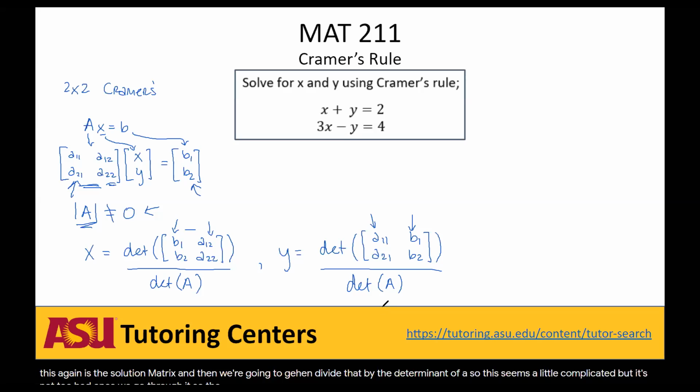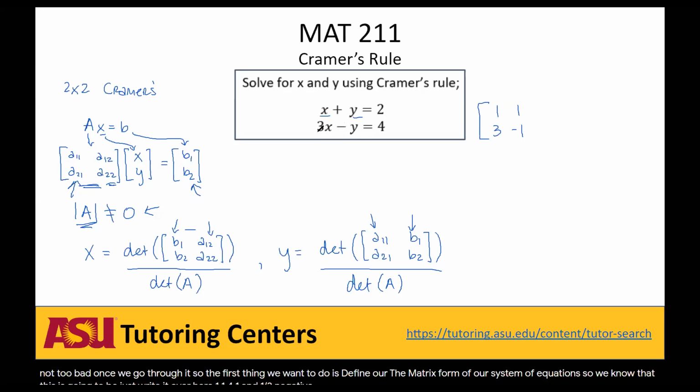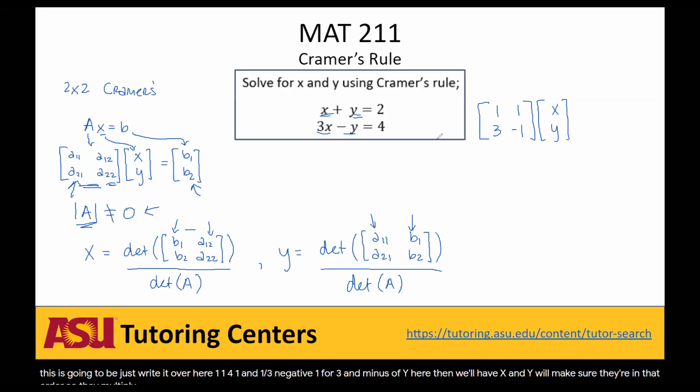So the first thing we want to do is define the matrix form of our system of equations. So we know that this is going to be, just write it over here, 1, 1 for 1 and 1, 3, -1 for 3 and minus y here. Then we'll have x and y. We'll make sure they're in that order so they multiply through correctly.